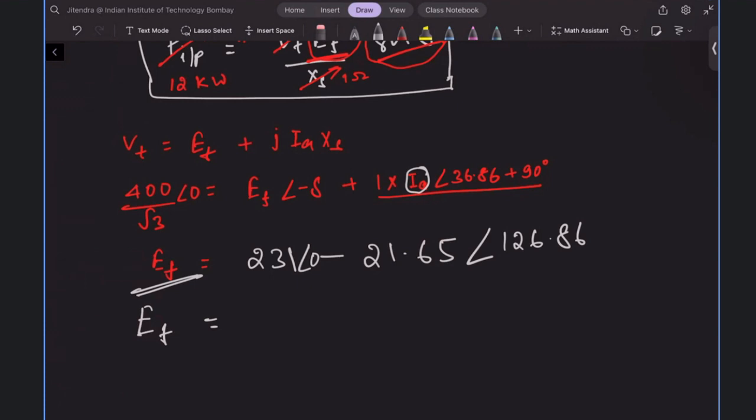Since in the problem you are given to find out the magnitude only, so it's fine if you only calculate magnitude to save your time. But again, you have to break this component into two, real as well as imaginary.